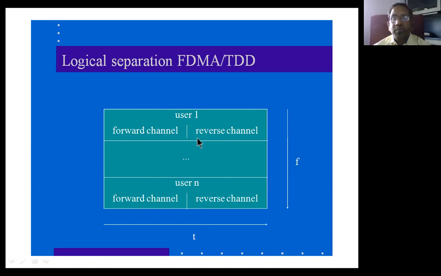A duplexer is implemented there, a duplexing protocol is implemented inside. Using this, we divide along the time channel. See here, along time, this is divided. The forward channel is given one time slot, and the reverse channel is given another time slot. Like this, we handle the FDMA, TDD technique.